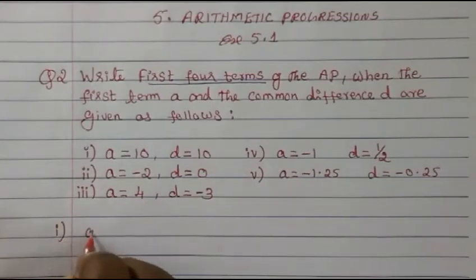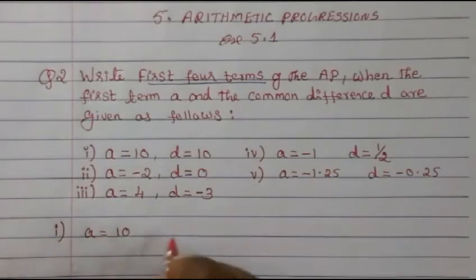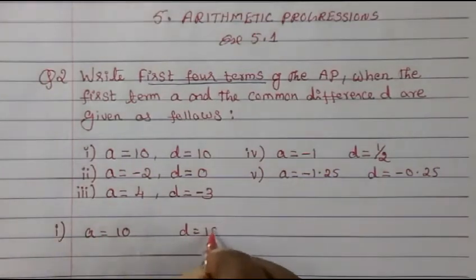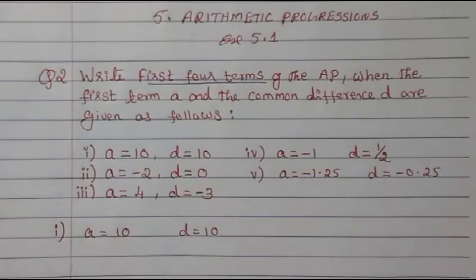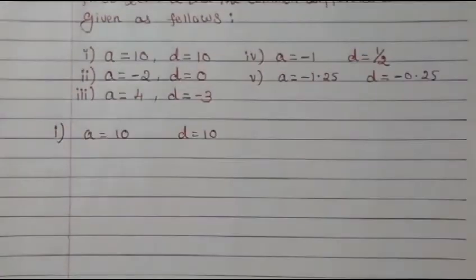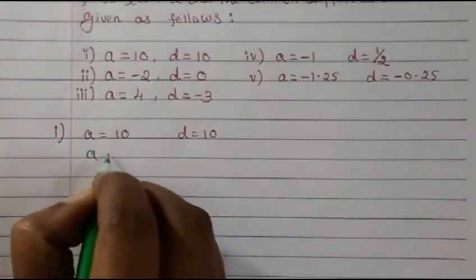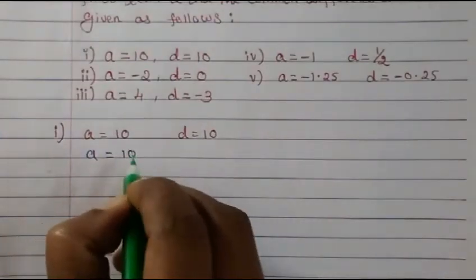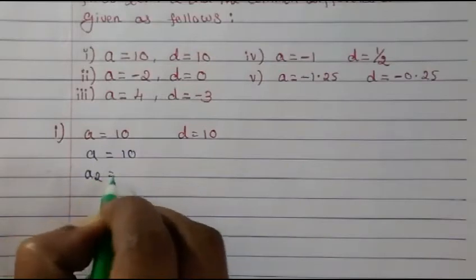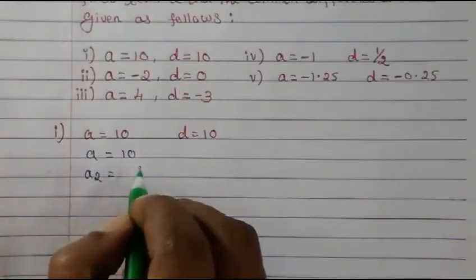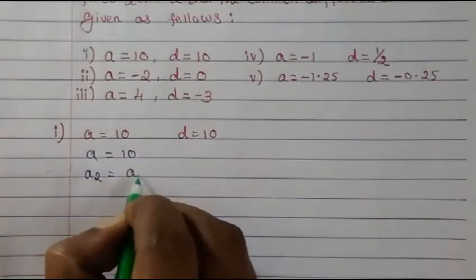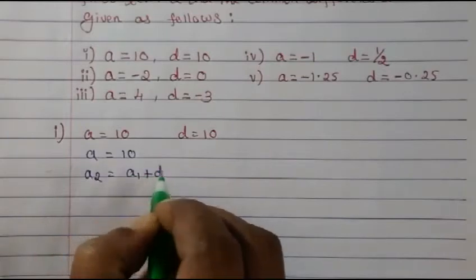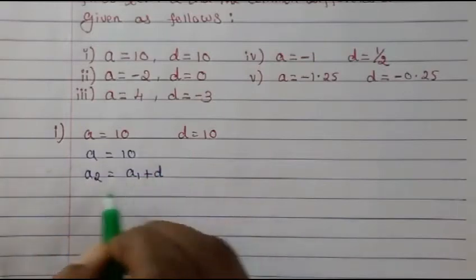The first one, A value is 10 and D value is 10. Let's use both the formulas. First with the first formula: A1 is 10. Next A2: we get it with A1, when you add D we will get A2.